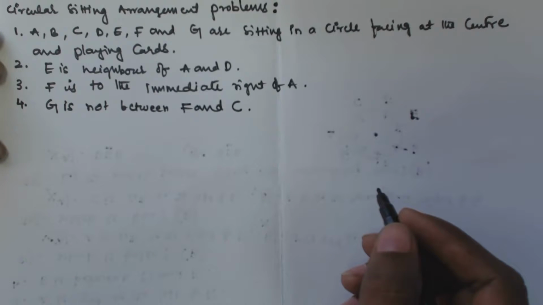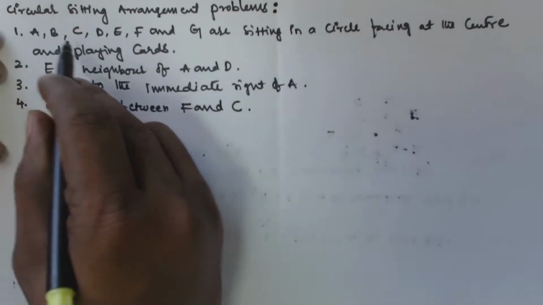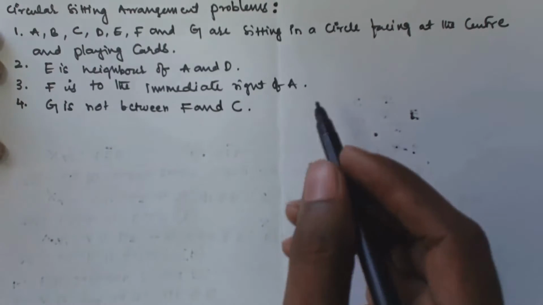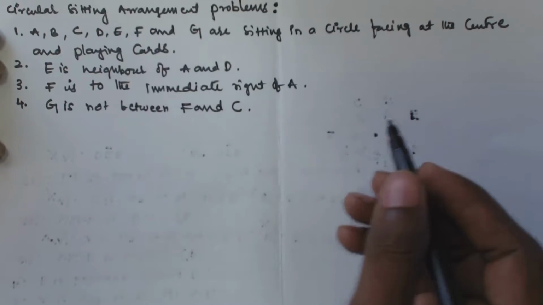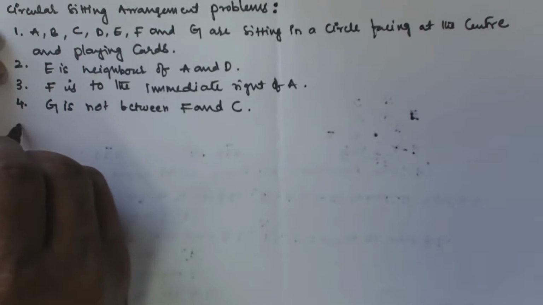So these are the four statements to establish the sitting positions of A, B, C, D, E, F and G. Once we establish the sitting positions, we have to solve the following three questions.